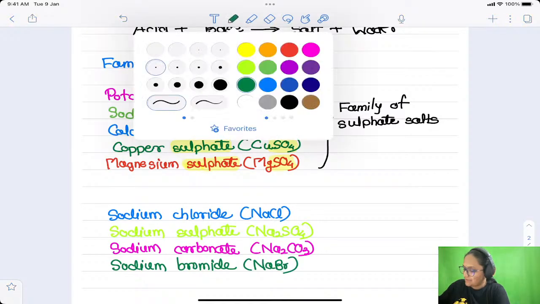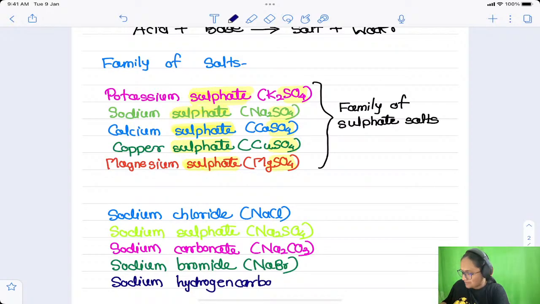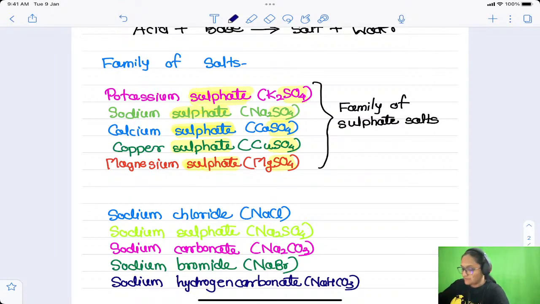Sodium bicarbonate, which is also called sodium hydrogen carbonate, formula NaHCO3. In all these examples, sodium is common.